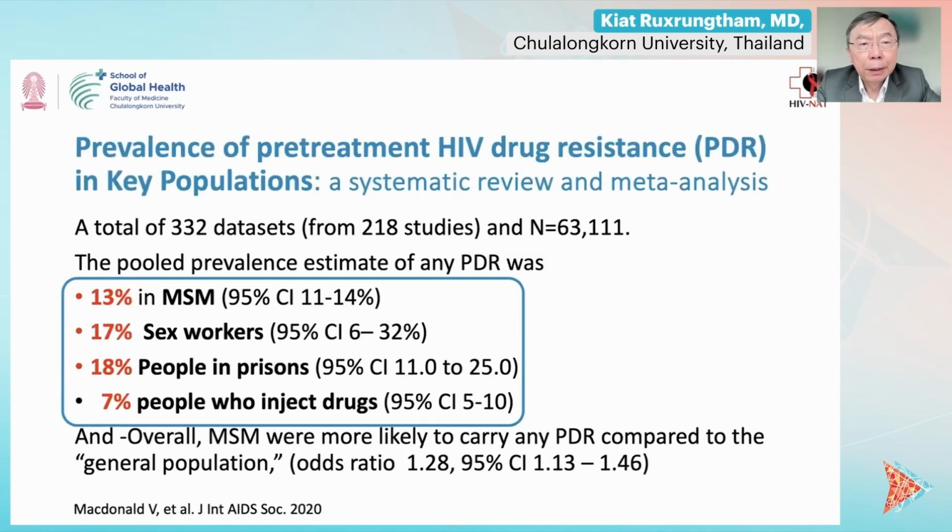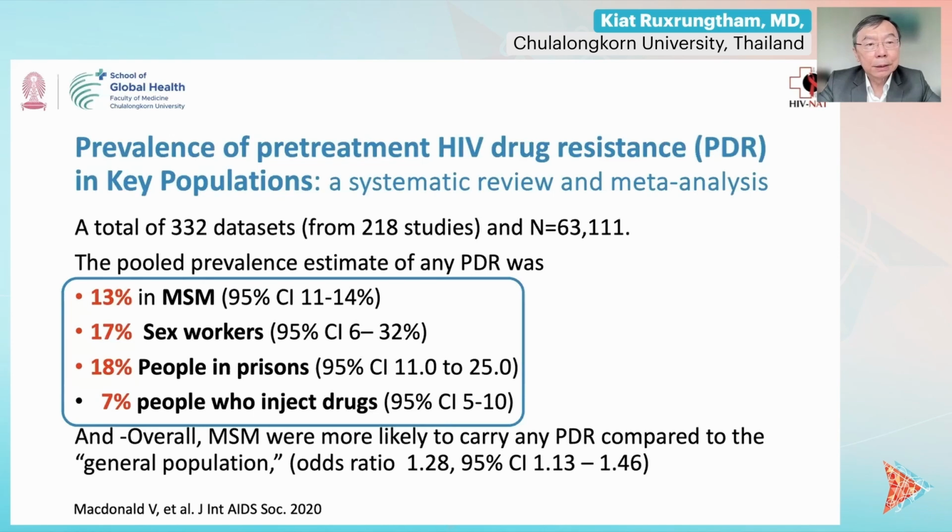Now, when the data look at key populations, this is another systematic review and meta-analysis study with a total of more than 60,000 patients from 218 studies. This is a pooled prevalence estimation of any pre-treatment drug resistance found in different key populations.